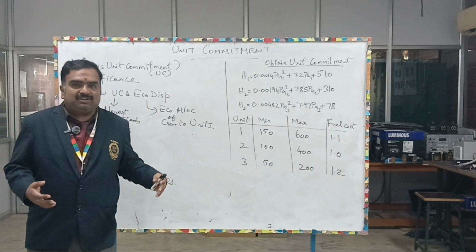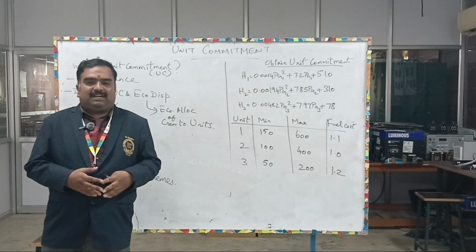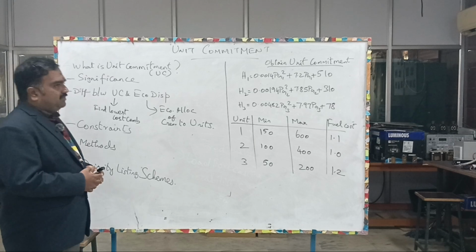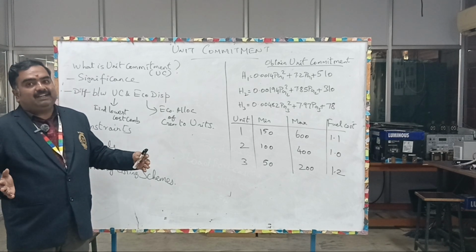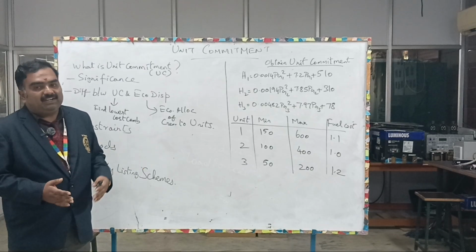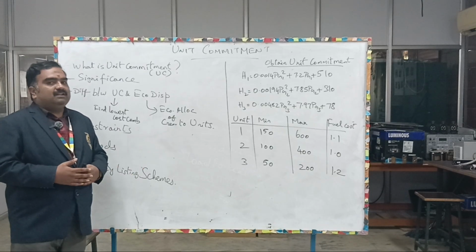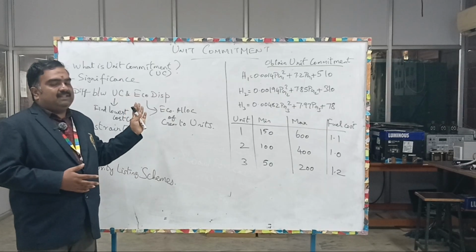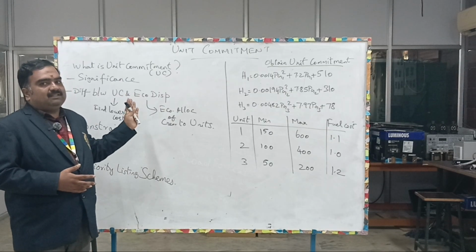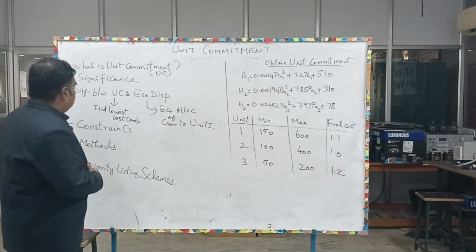The overall production cost should be minimal. That is what unit commitment refers to. If you are able to find the m subset of generators which will operate at the least cost, then you have done this unit commitment, right?